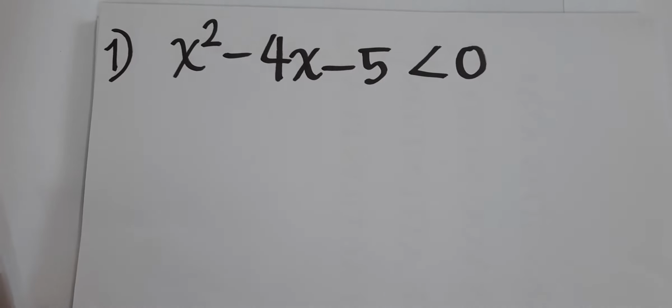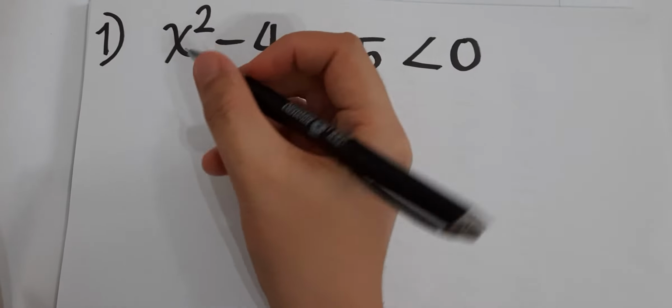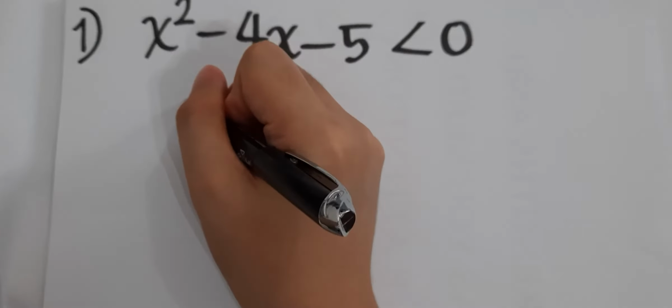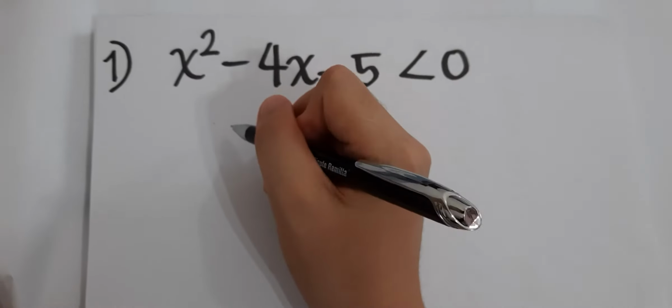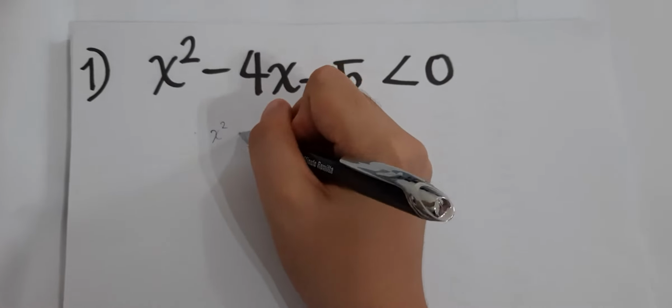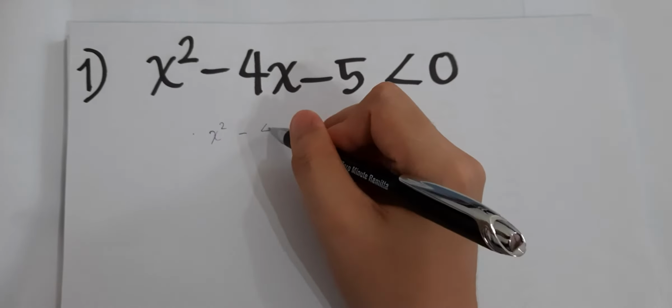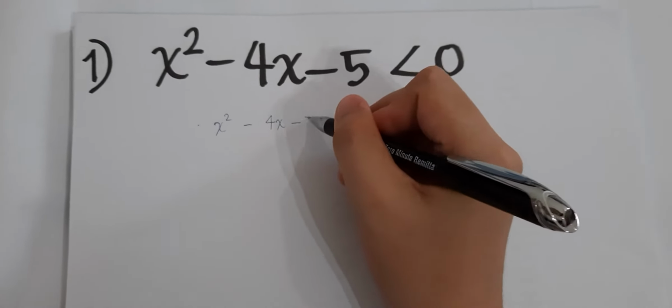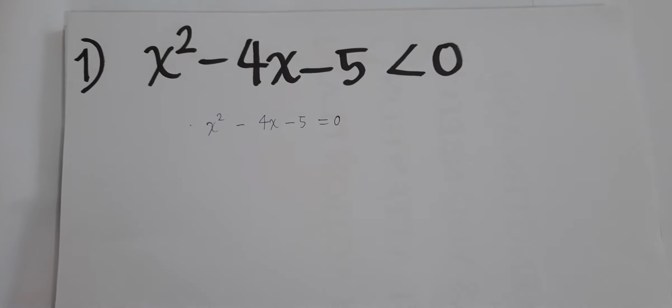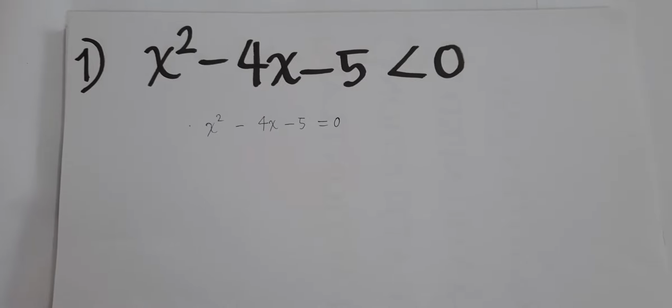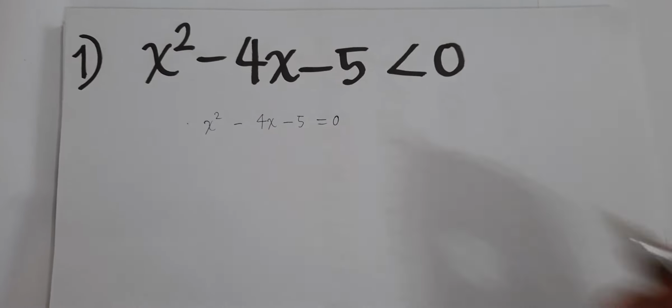So for example, this one will become x squared minus 4x minus 5 equals 0. And then you need to factor this so that we could identify our critical values.